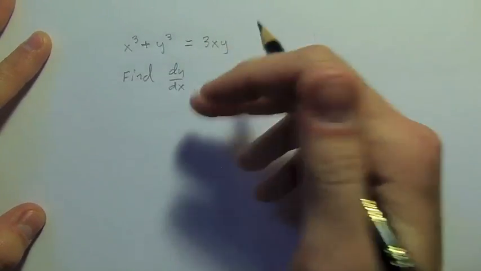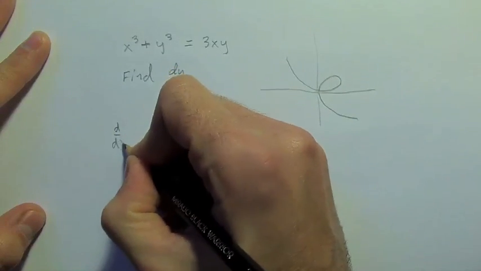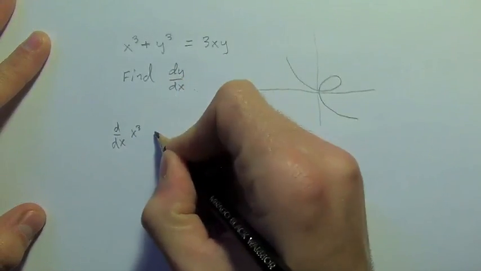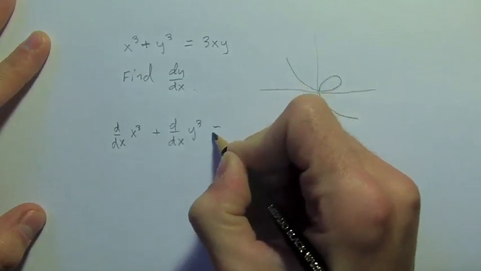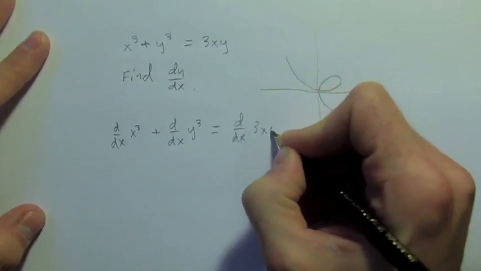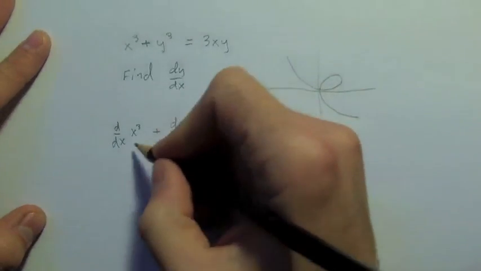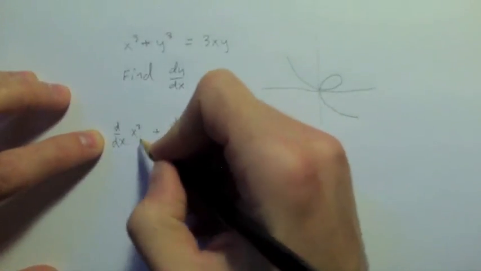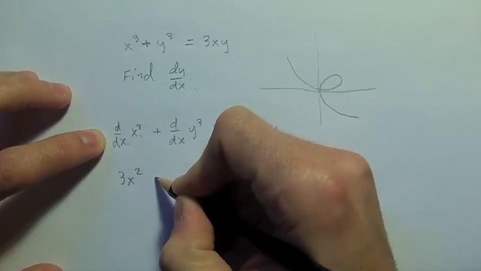So that means you take the derivative of everything. So derivative with respect to x of x cubed plus derivative with respect to x of y cubed is equal to the derivative with respect to x of 3xy. Now, the derivative with respect to x of x cubed is 3x squared.